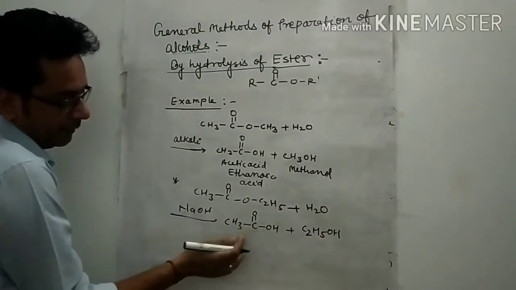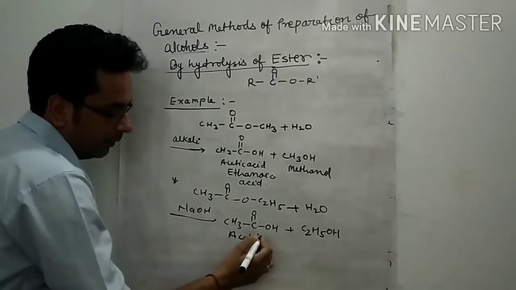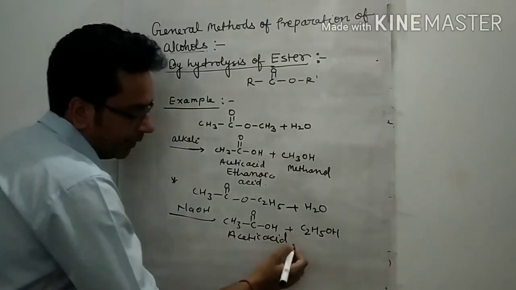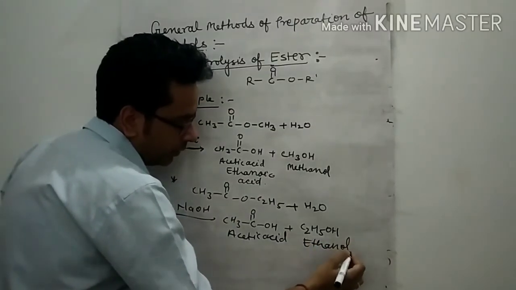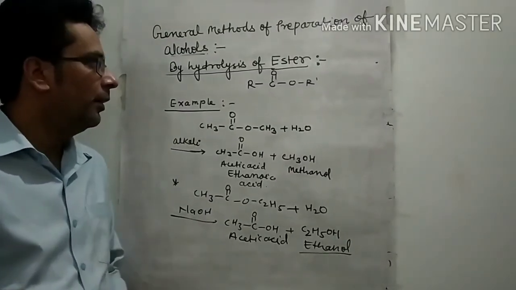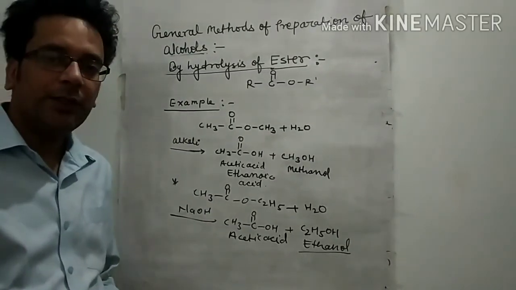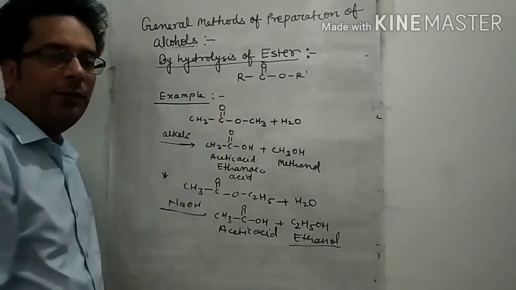So once again, here formation of acetic acid, and here ethanol. So this is the method by which we can also prepare alcohol by hydrolysis of ester.